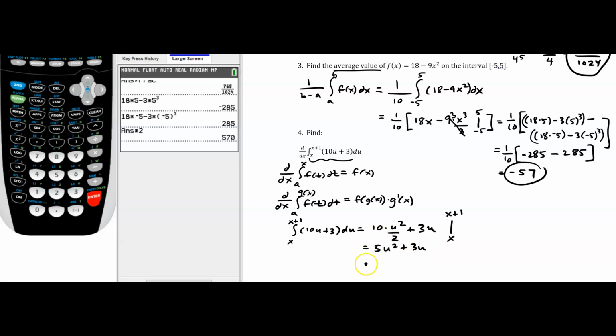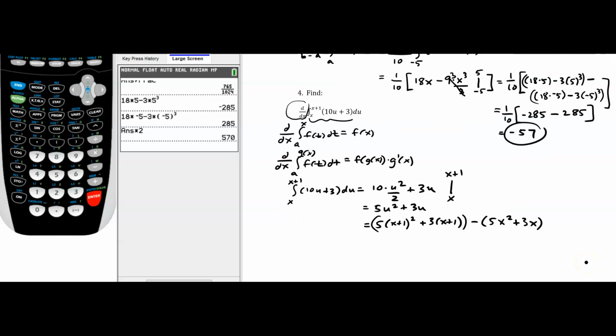So simplified, it's going to be 5 times x plus 1 squared plus 3 times x plus 1 minus 5x squared plus 3x. But remember, this is just the definite integral, and eventually what do we need to do? We need to do the derivative of all of that. So you might as well just do the derivative of it right now.